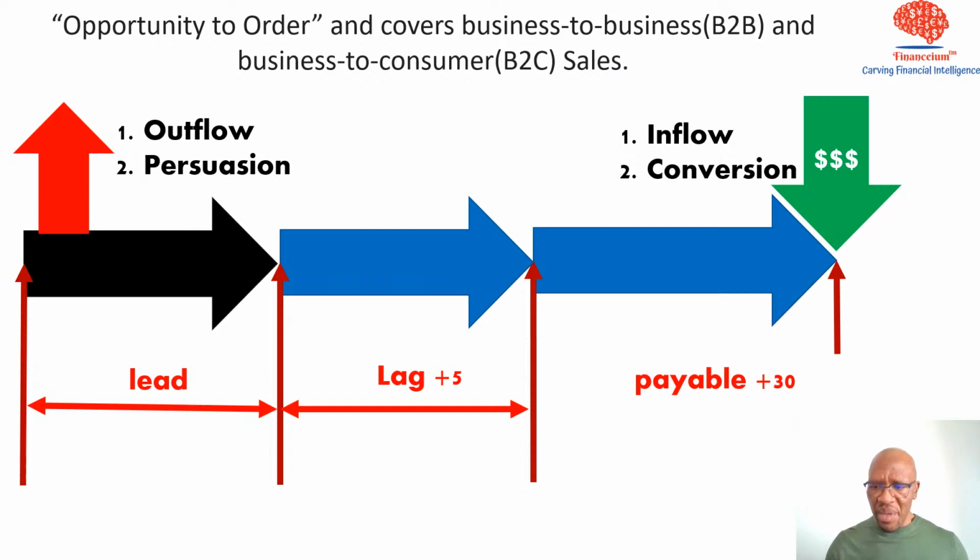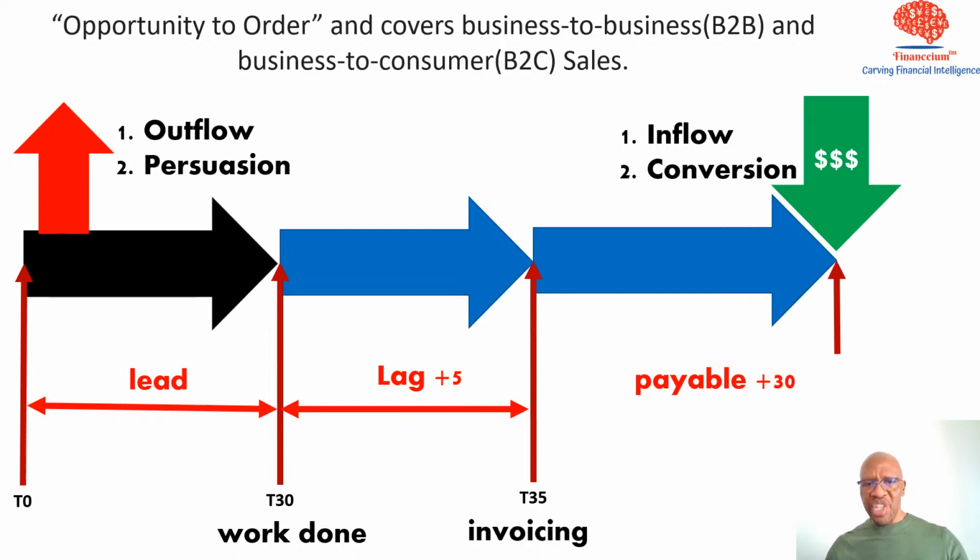So let's put it together. What are we saying? From the moment you engage with a business, which is day T0, to the period where you contract and get the work done, there's already a lead period. In this case, we're assuming it's 30 days. The lead period of 30 days, which then becomes T0 towards payment, we count as positive time because it gives us a clear picture.